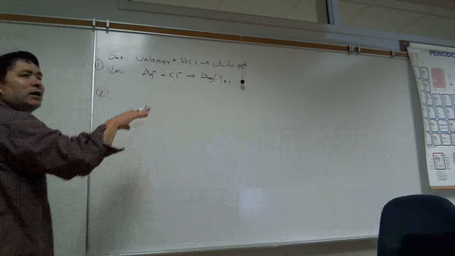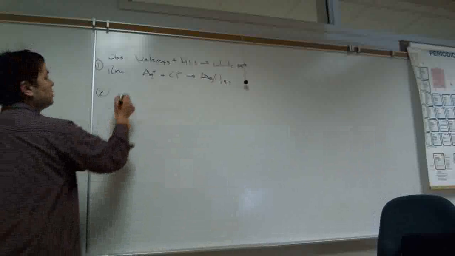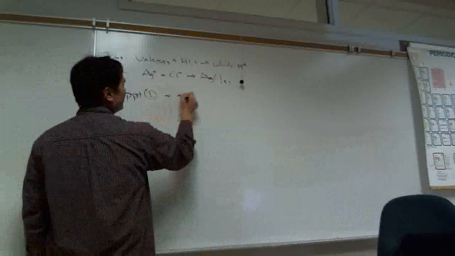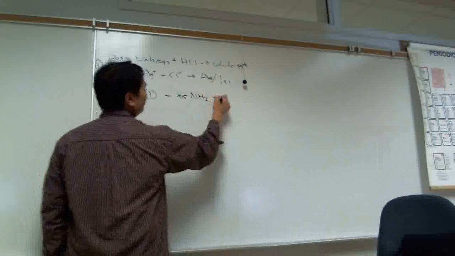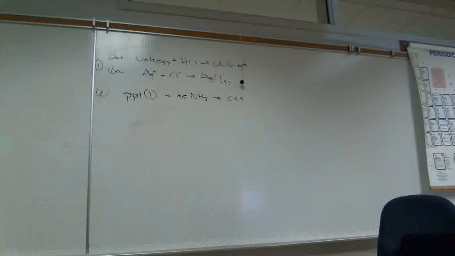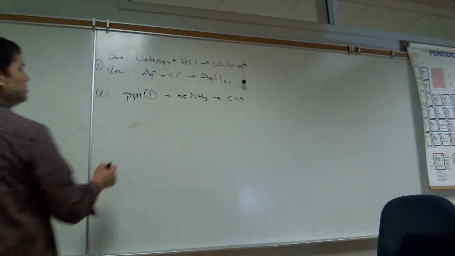Well, you separated out the precipitate, right? So we take the precipitate from step 1 and add excess ammonia to this, and we get a CCS, a clear colorless solution. In other words, the precipitate dissolves. What's the reaction for this?